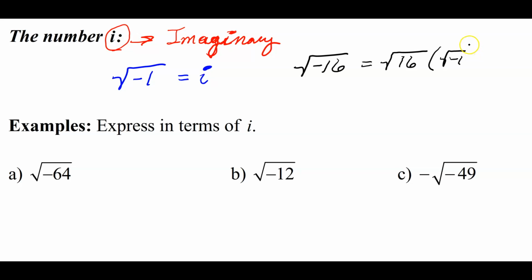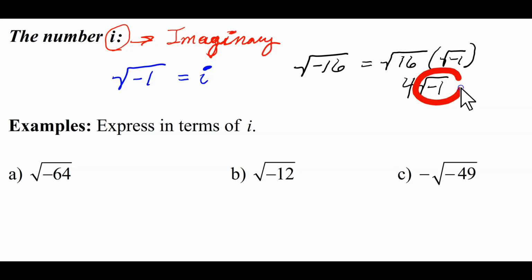So I'm pulling that radical negative out by itself because this 16 here, I can look at and evaluate. That's just a regular radical, and the square root of 16 is 4. And so I have 4 times the square root of -1, and that's as much as I can do.